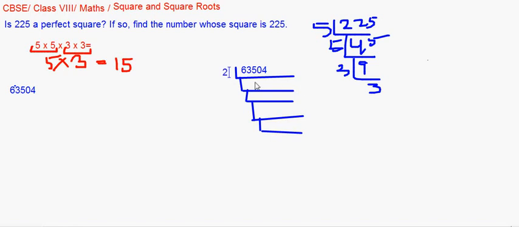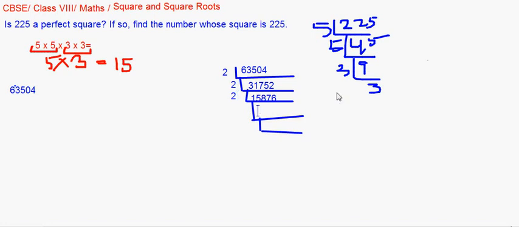If I divide it by 2, it will give me 31752. Again, that is divisible by 2, and that's giving me 15876. I should have made the table a little broader, never mind.